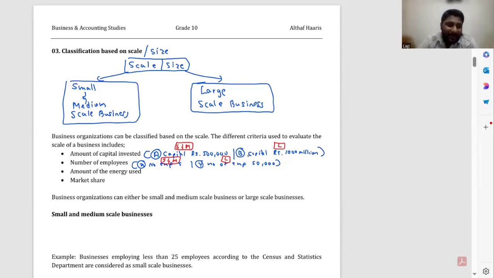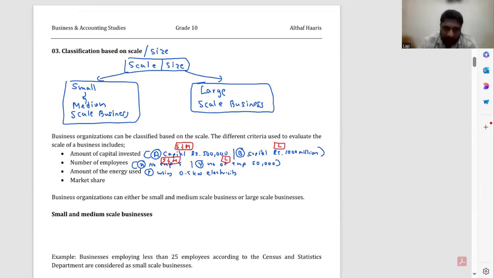Let me take another example. Maybe company P, using maybe for a month, we'll assume 0.5 kilowatts electricity.